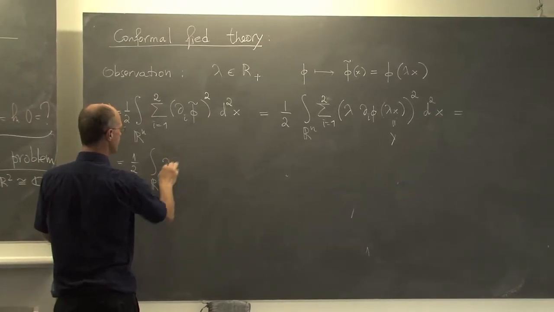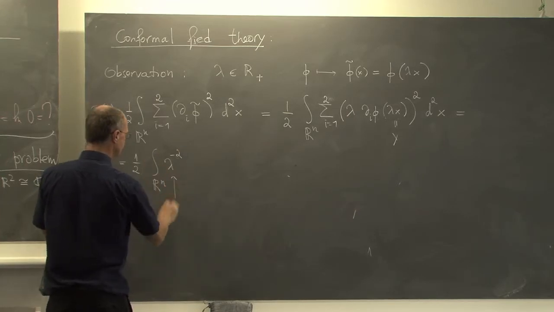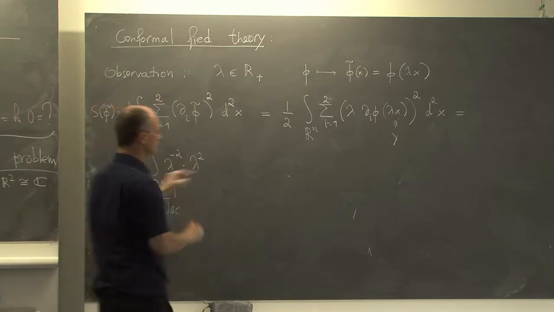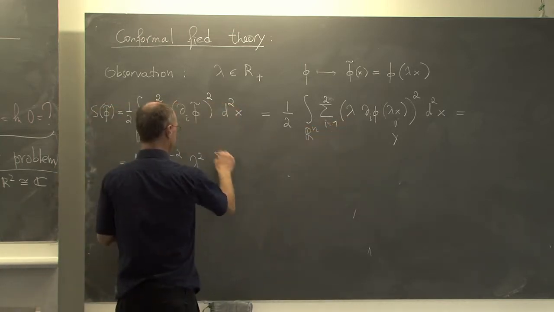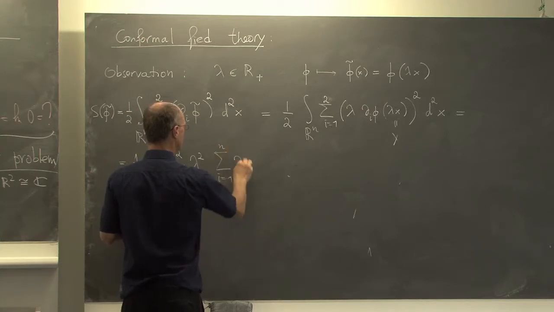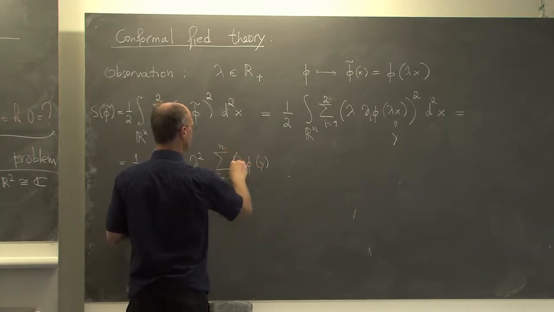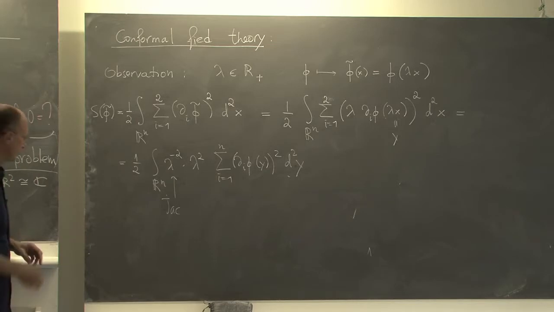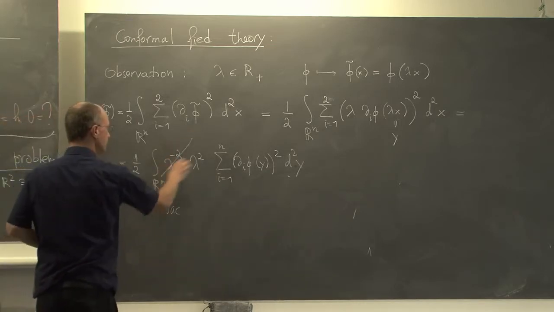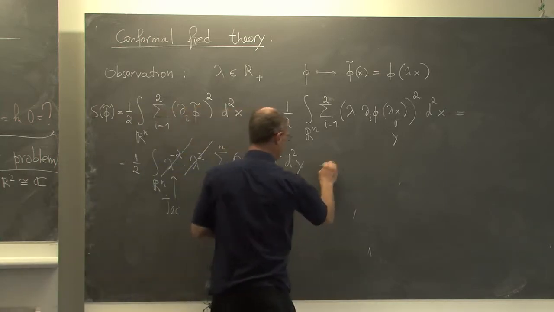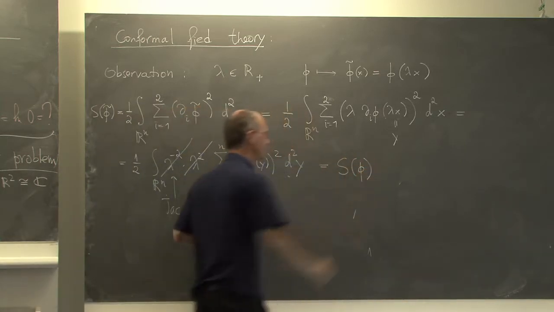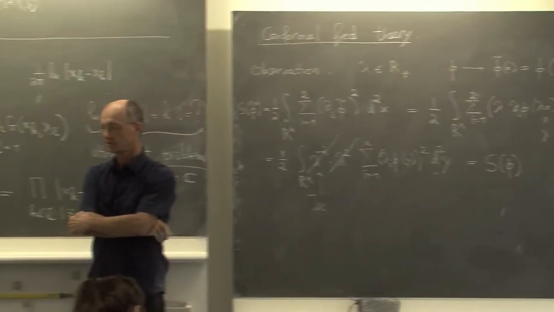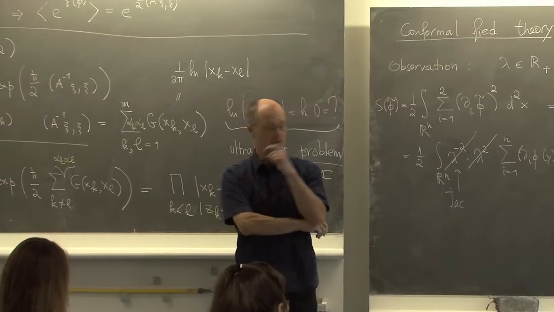The Jacobian is lambda to the power minus 2, times lambda squared, which comes from here, times sum from 1 to n of d_i phi of y squared d^2y. Well, the factors happily cancel, and we obtain S of phi. So S of phi tilde is the same as S of phi if we do this rescaling.